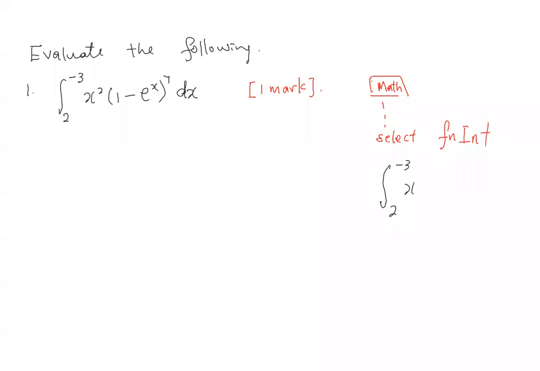Then here you type in x squared times (1 minus e to the power x) to the power 7 dx. Then you press enter. The answer will come out. This is very user-friendly. It's exactly the same as you write. Last time, the graphic calculator is not like that. You have to know which one to put first. The more user-friendly the calculator, the worse it becomes. Okay, what is the answer? Last row.